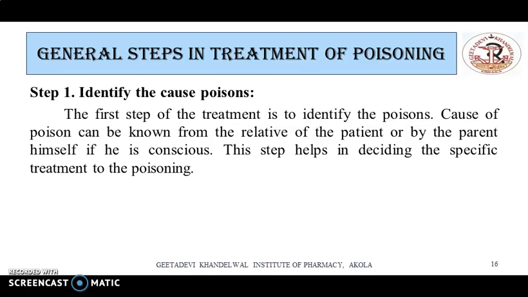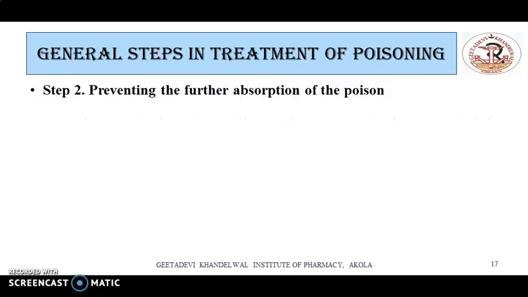This step helps in deciding the specific treatment for the poisoning. If we know the cause of poison, or by which poison the poisoning takes place, then it is very easy to treat the patient or to treat the poisoning.